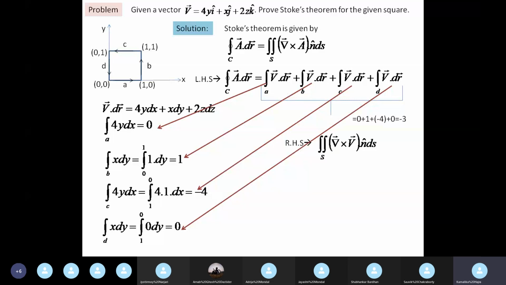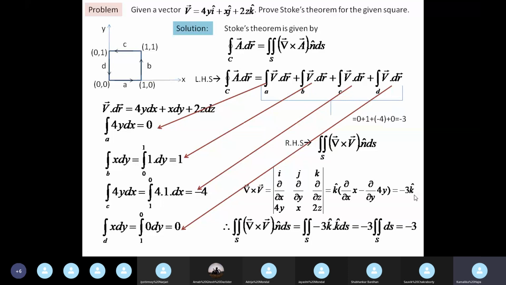Now what is the RHS? The RHS is the surface integral of curl v dot n cap ds. So first we have to take curl v. Curl v gives you minus 3 k cap. n cap for this surface is along the z direction because this is confined to the xy plane. So minus 3 k cap dot k cap ds.